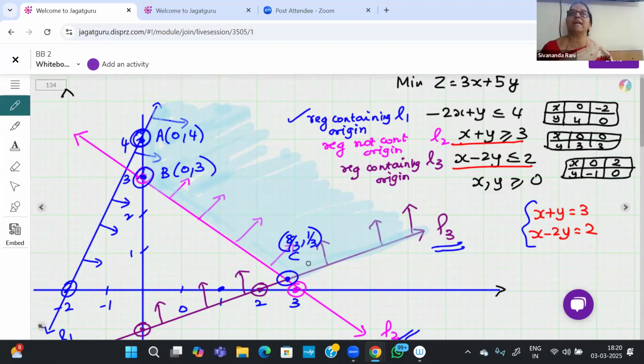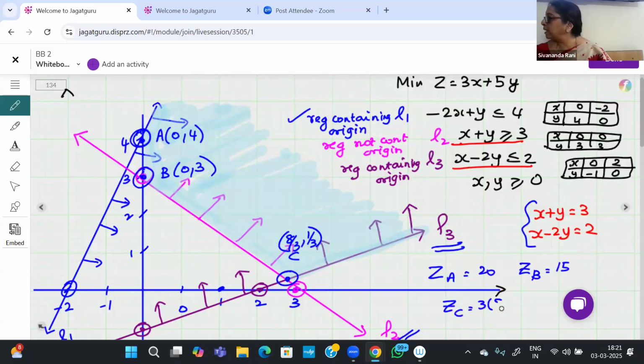How many of you got these 3 points correctly? You should have. So you should substitute here and find out Z at A will be 20, Z at B will be 50, and Z at C will be 3 into 8/3 plus 5 into 1/3, that is 8 plus 5/3, which will be 29/3. 29/3 is 9 point something.